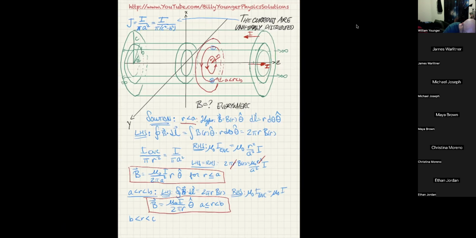And in fact, we're going to call that R. And this is for, again, B less than R less than C for that Amperian loop.